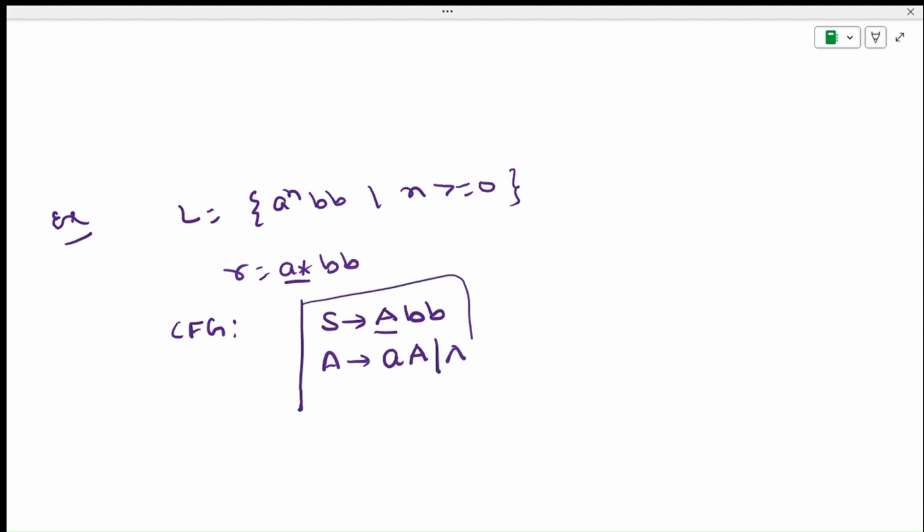Now suppose I ask you to derive the string a cube double b from the given context-free grammar. Start from this.